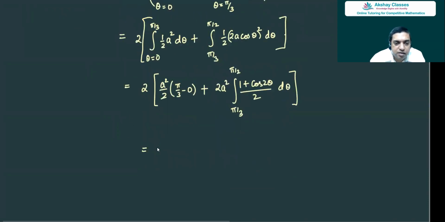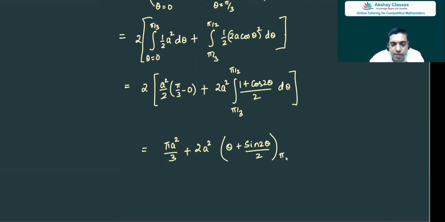So this part is pi a square upon 3 plus, this 2 cancels, again 2a square, integral of theta plus sine 2 theta upon 2 from pi by 3 to pi by 2.